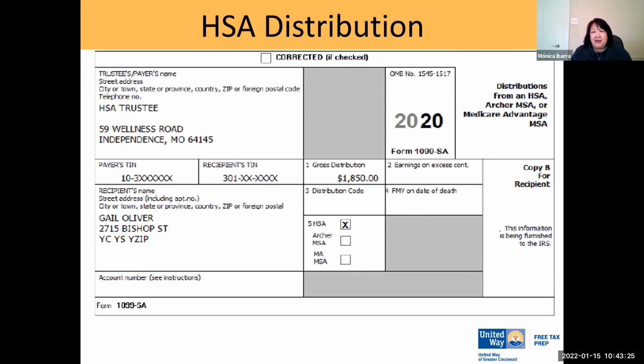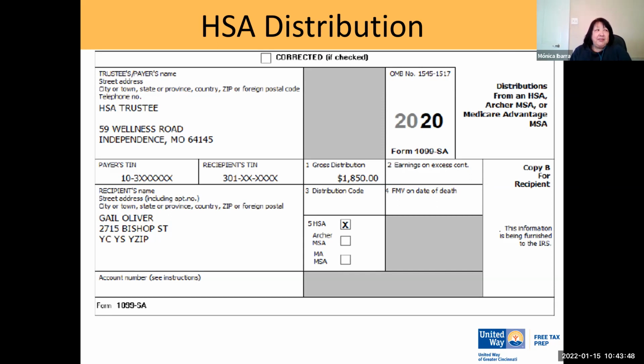Did you spend it for doctor's visits? Basically, what did you spend this income on? And if they say things like, hey, I bought a health club membership with this, then you'll want to make sure that you say that's not a qualified medical expense, and that will need to be excluded.